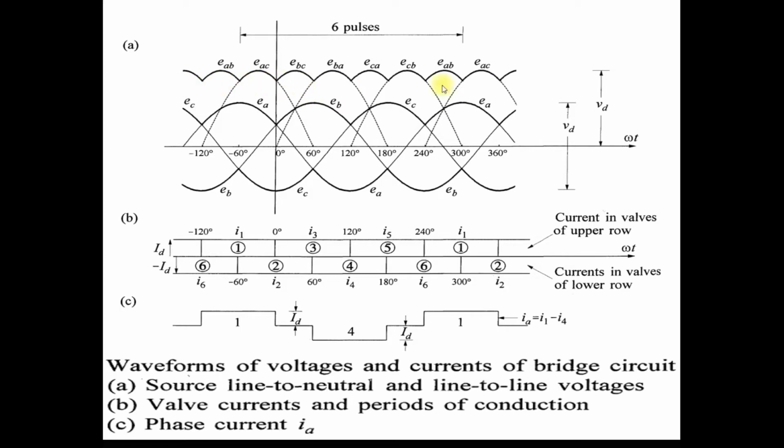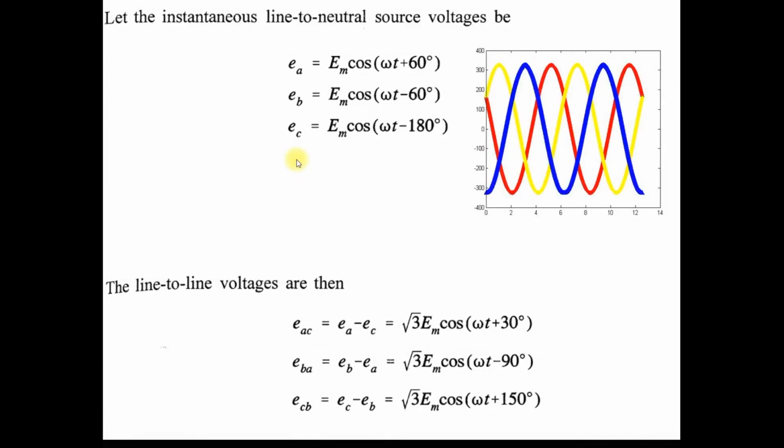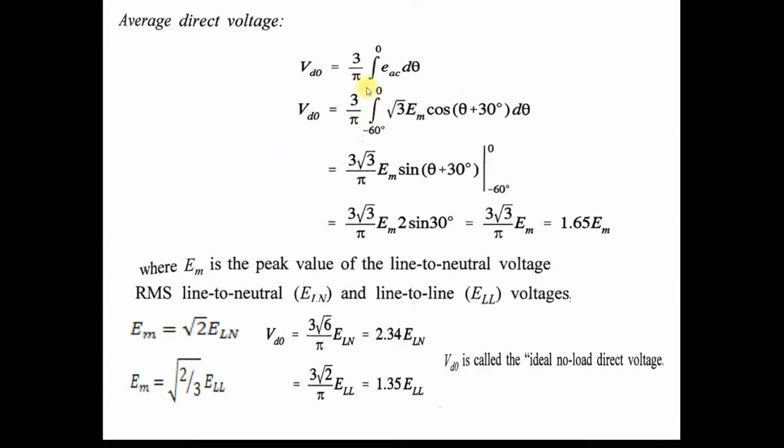So in this one cycle we take the average of only one line to line voltage, because the other line to line voltage averages remain the same. So here we take the integration of this EAC from minus 60 to 0 degree, and then we derive this average direct voltage.